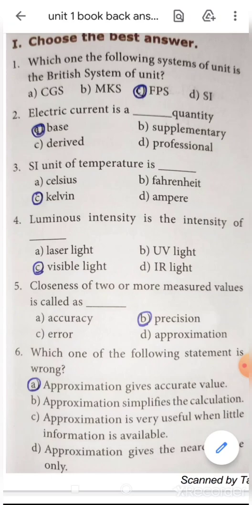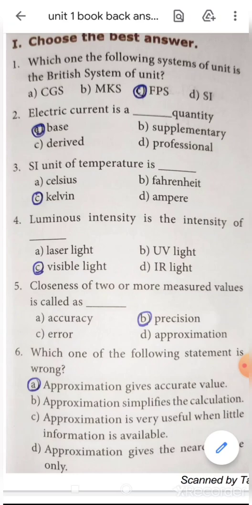So the answer is precision. Then the sixth one: which one of the following statements is wrong? Listen to the question. First one, approximation gives accurate value. No, approximation is not accurate, so that is a wrong statement. Approximation simplifies the calculation, that is correct.